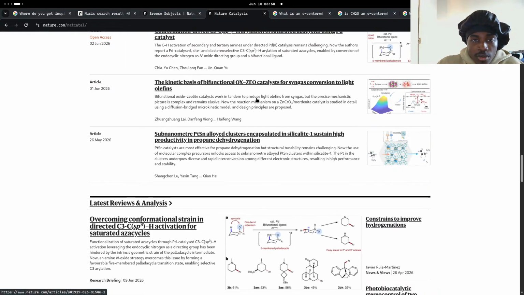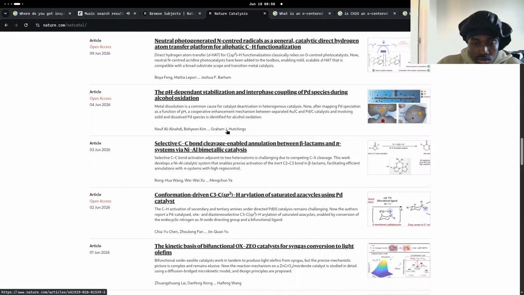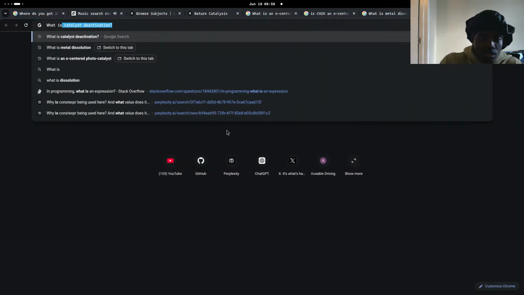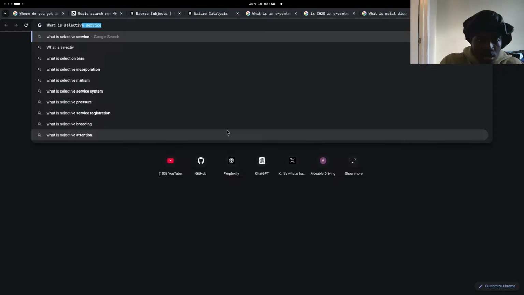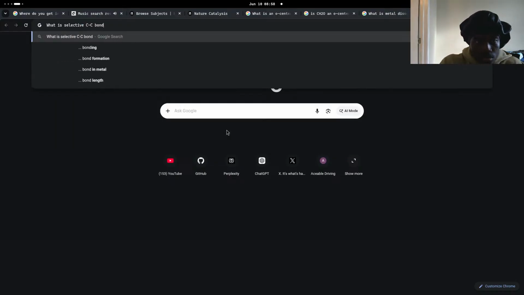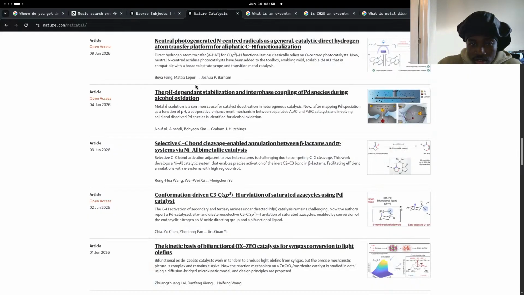What is selective carbon-carbon bond activation? Selective carbon-carbon bond makes a little sense, but the activation part is what is missing in my mental framework. Did they say bond activation? Because that could be totally different. Bond activation, yes.